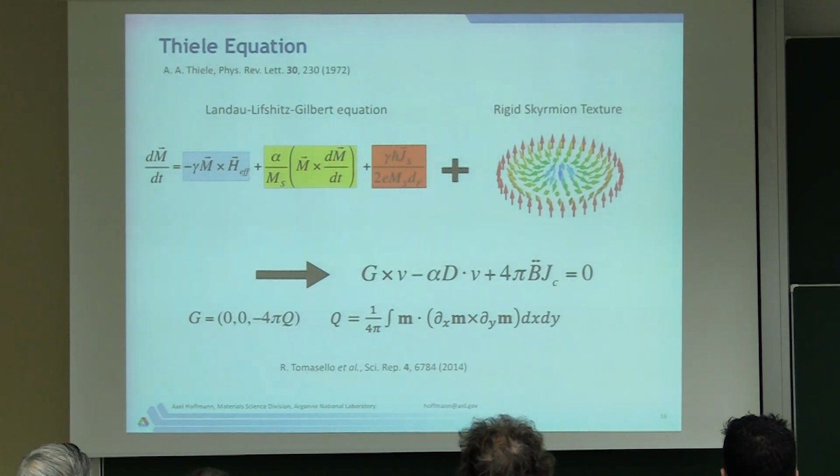And there's a constant that depends on the exact structure of the skyrmion that you're looking at. Then you also have a gyrotropic force term that depends on the topological charge of your structure. This gyrotropic force is always perpendicular to the direction of motion of the skyrmion.